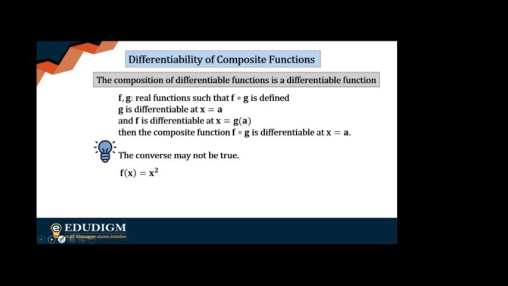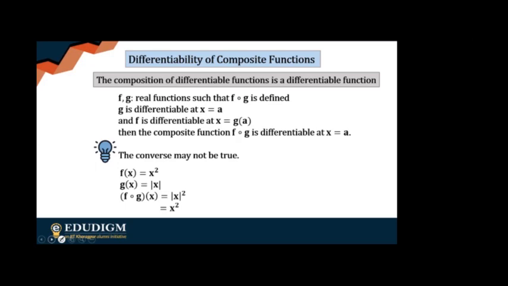Suppose I have taken f(x) equals to x square. All right. So for f(x) equals to x square, you have another function g(x) equals to mod x. This is the composition. This is nothing but x square. So first of all, you take this mod x, then you take whole square.